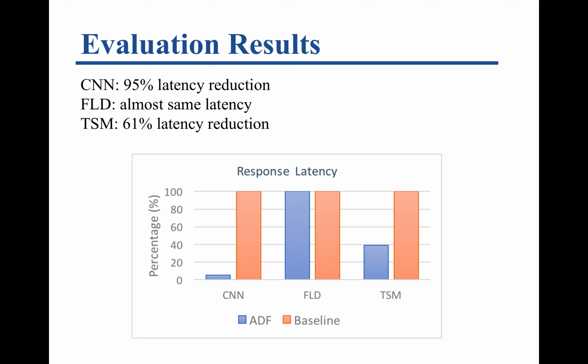But for the fashion landmarks application, response latency is around the same as the baseline response latency. The main reason is that the fourth actor of this application, deployed in the provider, takes more than 99% of total computation time.